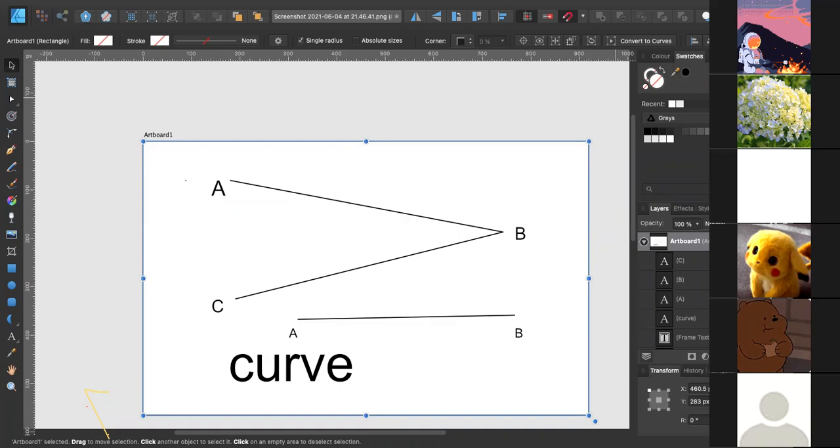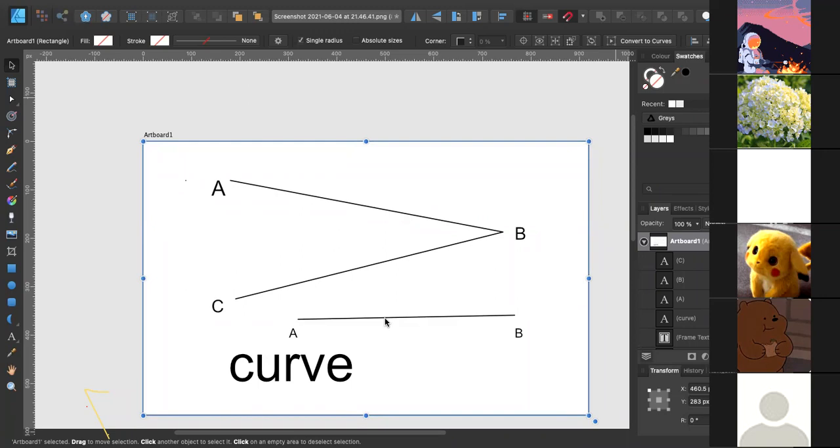So similarly here, if you draw anything between 2 points, or more than 2 points, it's a curve. Okay, it is a curve.